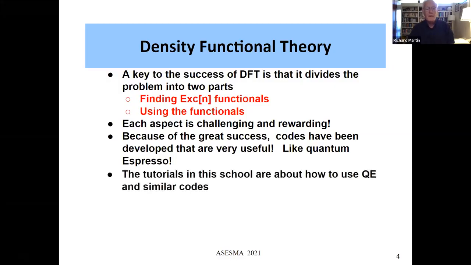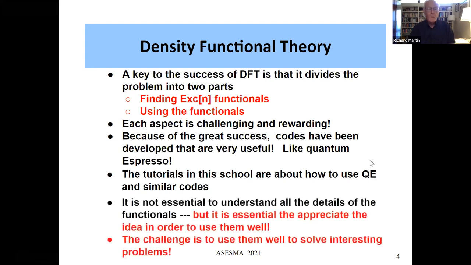There are tutorials in this school about how to use Quantum ESPRESSO and similar codes. So I would like to emphasize, it's not essential to describe all the details of the functionals. In fact, it's kind of too bad that you can just jump in and do calculations without understanding much. That's not good. It is essential to appreciate the ideas behind the functionals in order to use them well. And the challenge for you is to use them well to solve interesting problems.